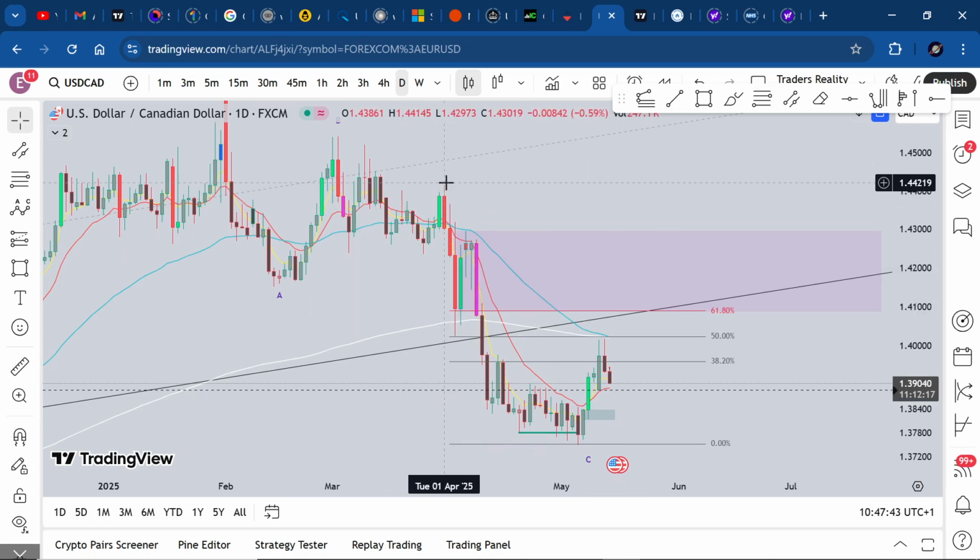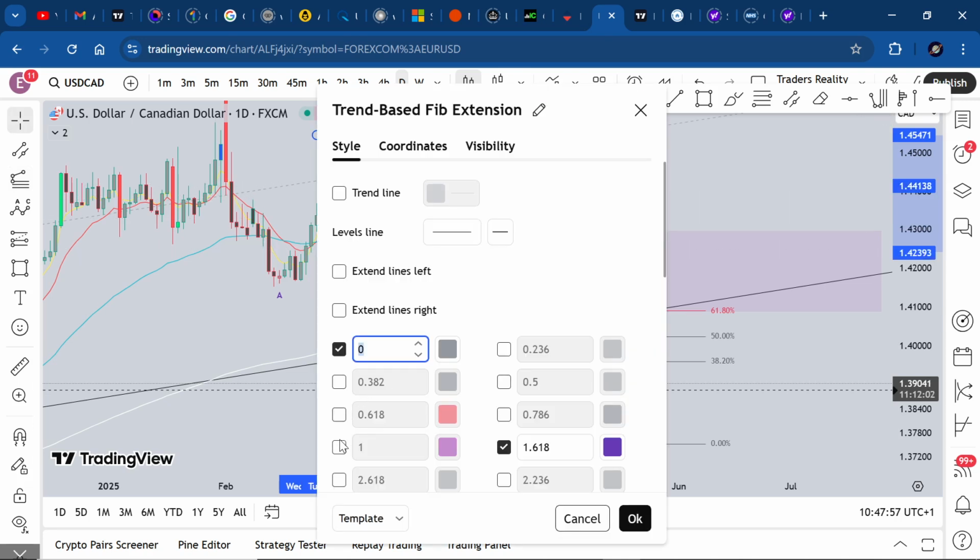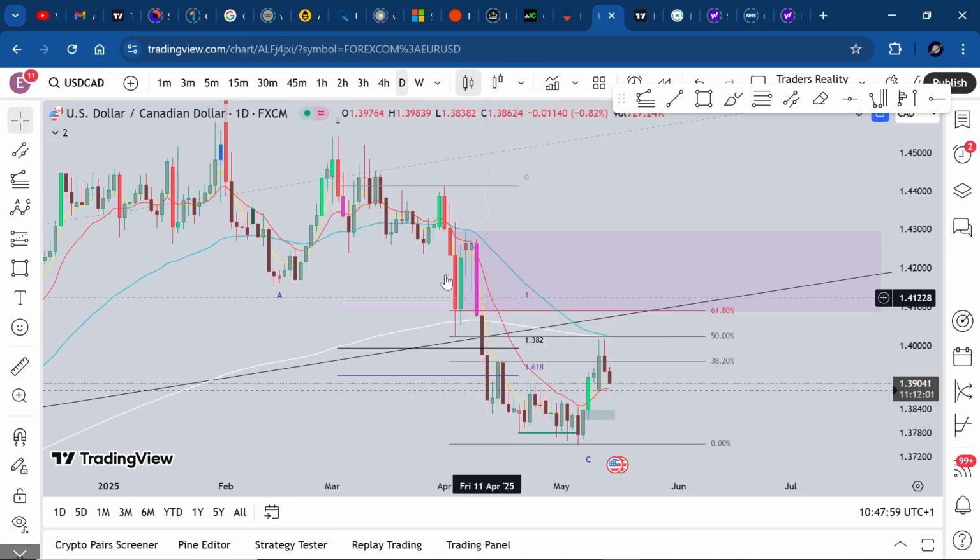When we got the 1, 2, I don't want to count that as also a 1, 2 for 2 reasons. Firstly, the second 1, 2 is larger than the first 1, 2. If that's supposed to be a lower degree count, I would expect it to be shorter in price and time. It's shorter in time, but not in price.